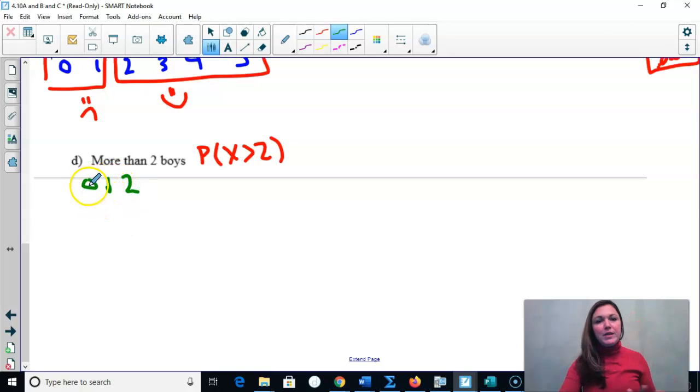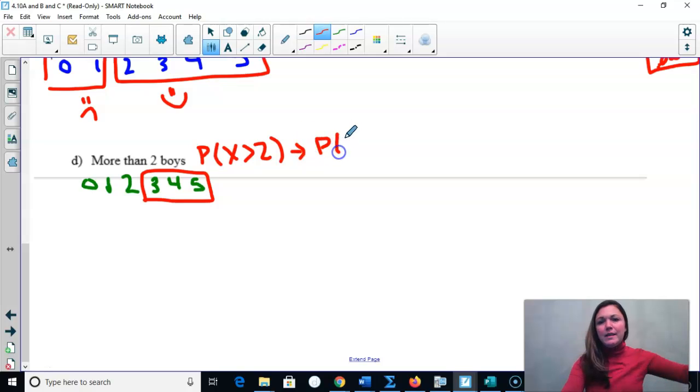If we're going to have 5 kids, we could have 0 boys out of 5, 1 out of 5, 2 out of 5, 3, 4, 5 out of 5 boys. I want to know the probability of getting more than 2 boys. That's 3, 4, or 5. This is the probability that X is greater than or equal to 3.